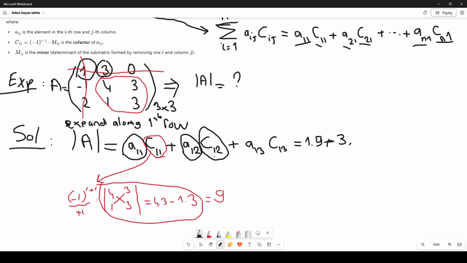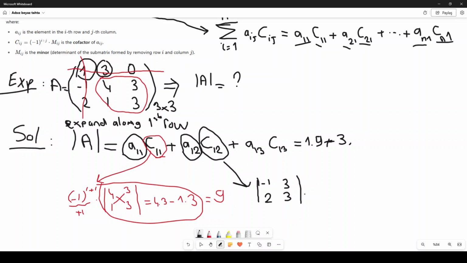So I just delete the first row and second column and then rewrite all the remaining elements without changing their order in the original matrix. What is left behind is the determinant we should compute, minus 1, 3, 2, and 3, from top to bottom and from left to right without changing the order.